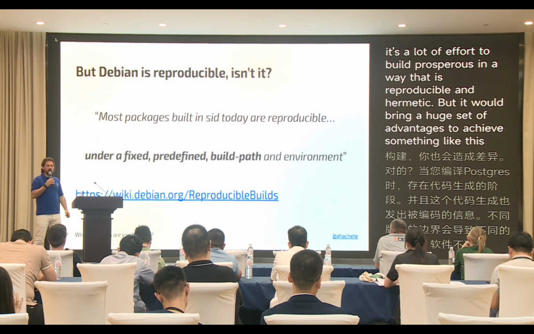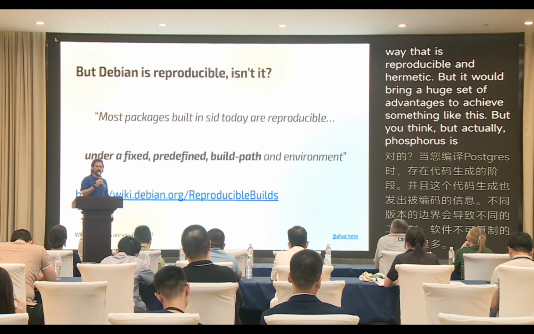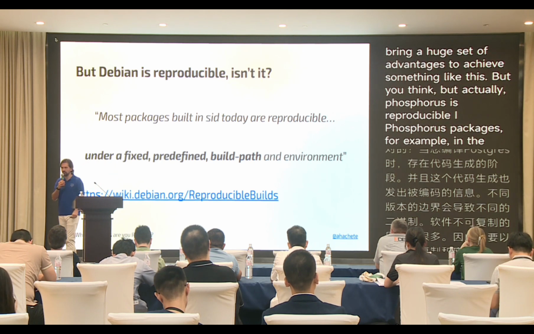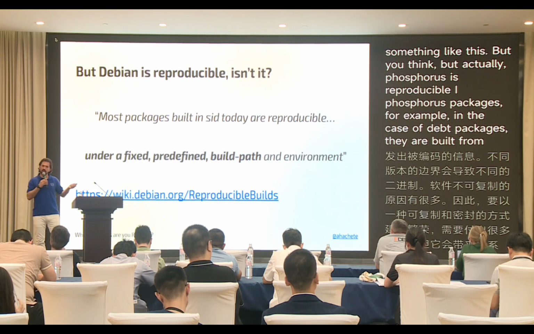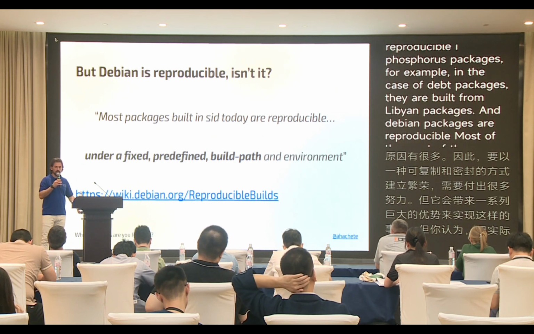But you'll think, oh, but actually Postgres is reproducible. I mean, Postgres packages, for example deb packages, are built from Debian packages, and Debian packages are reproducible. Most of them are, and Postgres is among those.